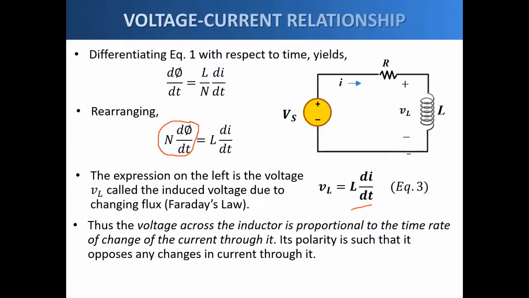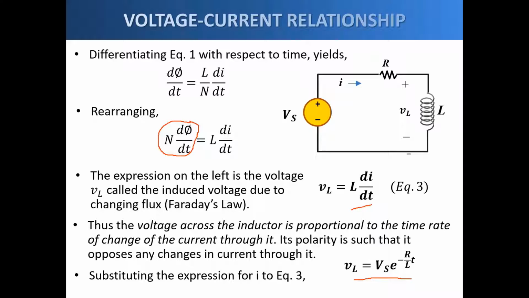Its polarity is such that it will oppose any change in the current. For a series RL, if we substitute the current that we derived earlier, the voltage that we will get across the inductor will be given by this equation.